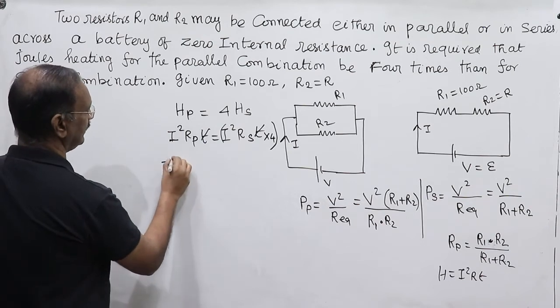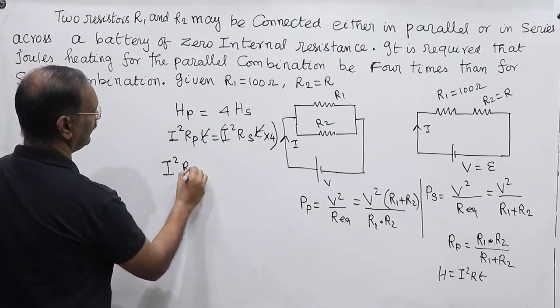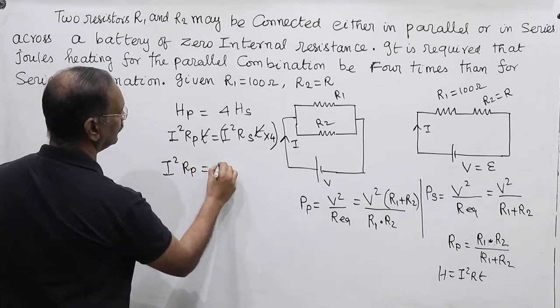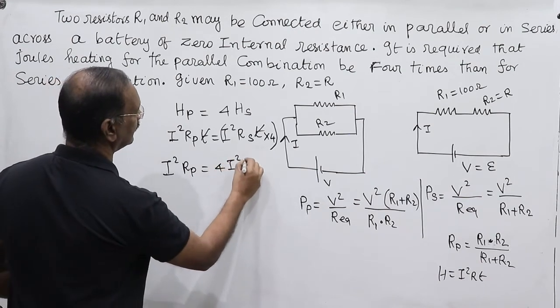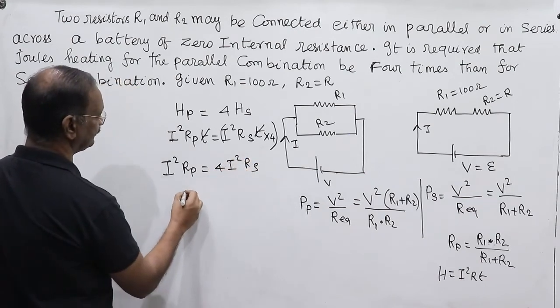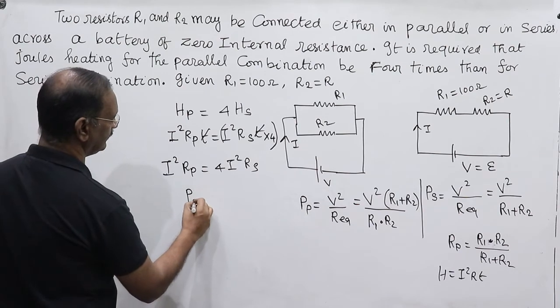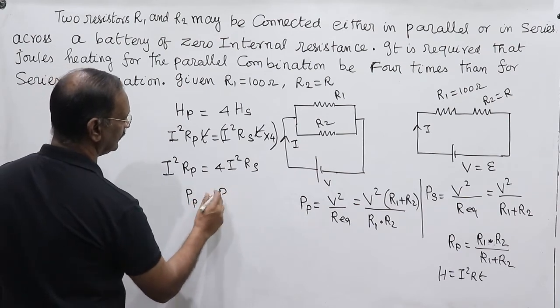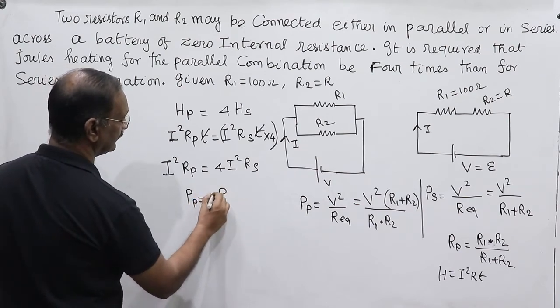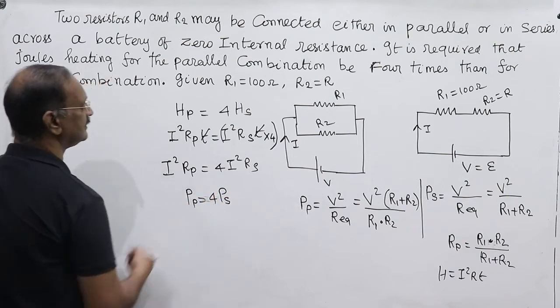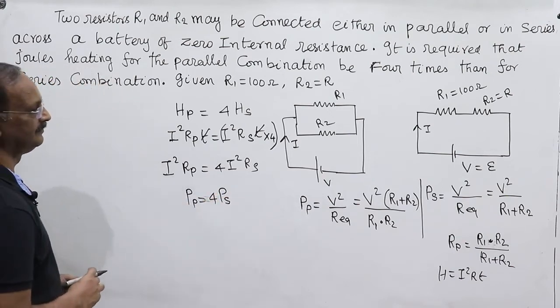So I square R parallel is equal to 4 times I square R series. That is, power in the parallel circuit is equal to 4 times the power in series. This is the condition we have got.